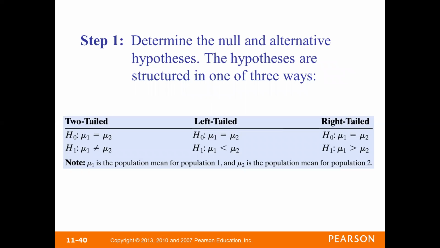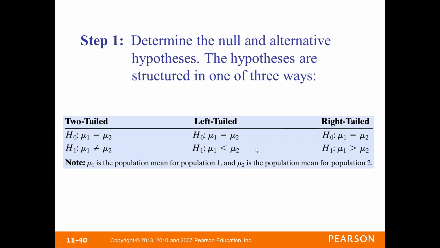We still have the same three possibilities that we had in the previous section. We're either going to have that the two means are the same, or they're going to be different. So the null hypothesis is, again, always an equal statement, that mu1 is equal to mu2.